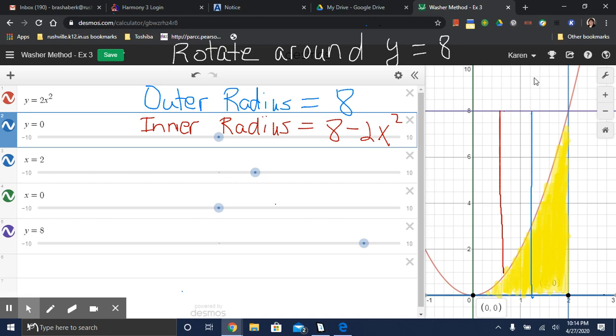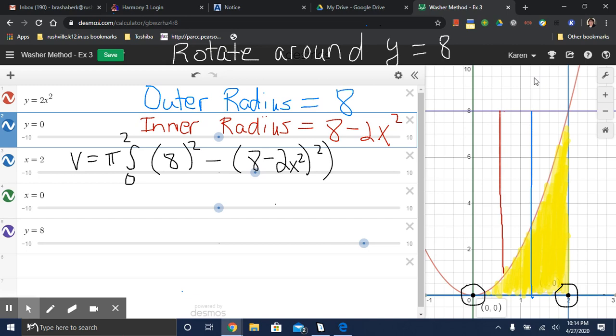So we're going to set up our volume equation, pi times the integral from, we want to use the x boundaries since we're rotating around a horizontal, and so we'll be going 0 to 2. The outer radius is 8, squaring that, minus the inner radius, 8 minus 2x squared, and squaring that. So there's our volume equation.